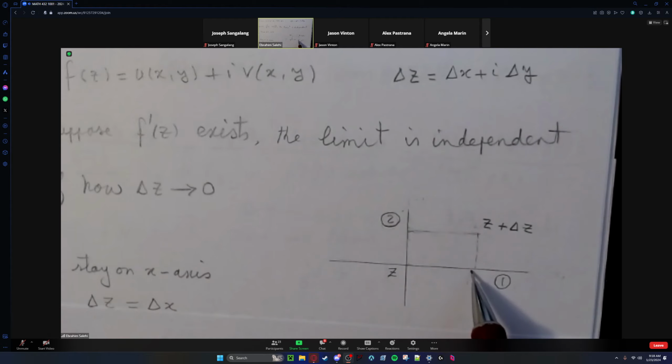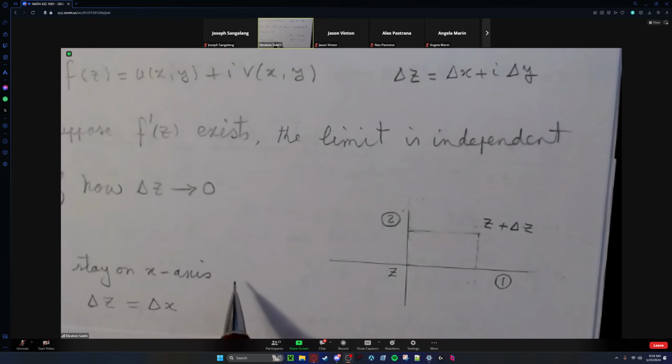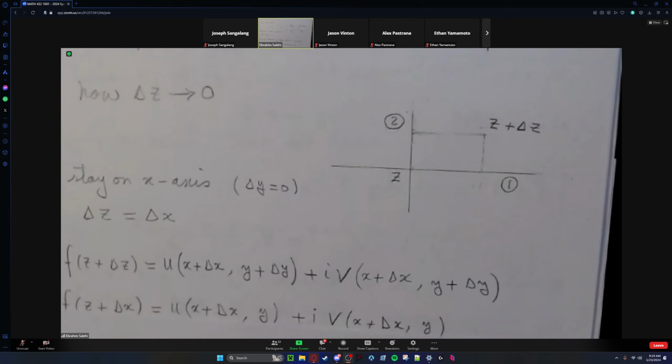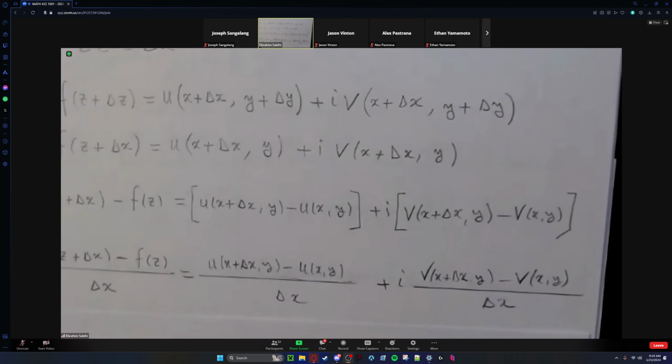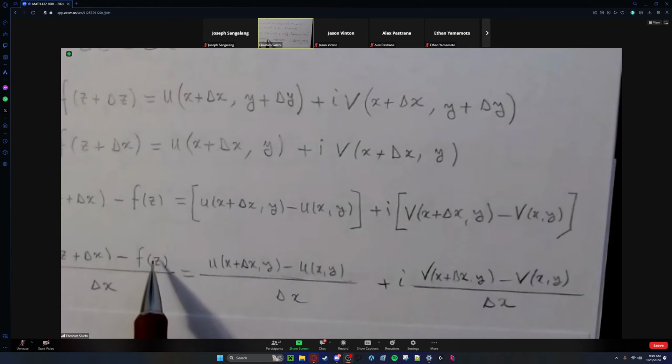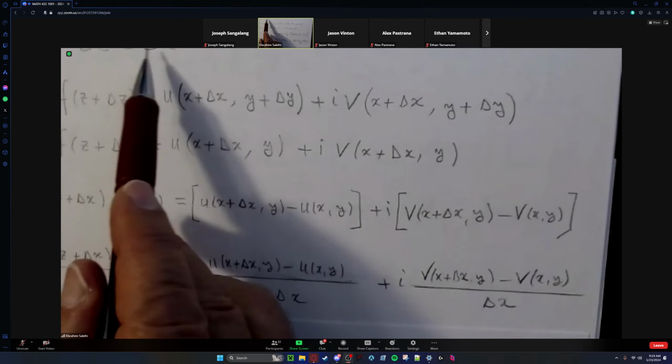So here's delta x, here's delta y. Now, if we stay parallel to the x-axis, which means delta y is zero, here is the fraction, and delta z will be just delta x.